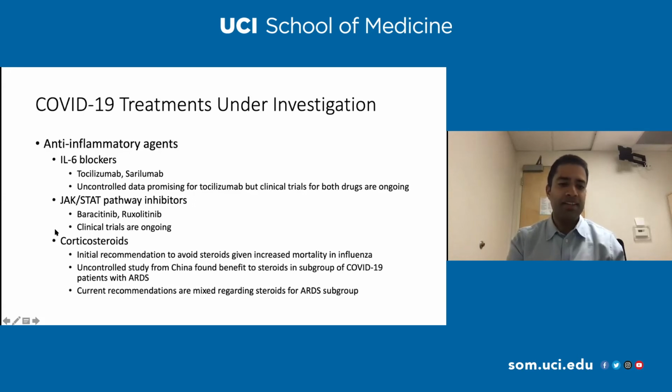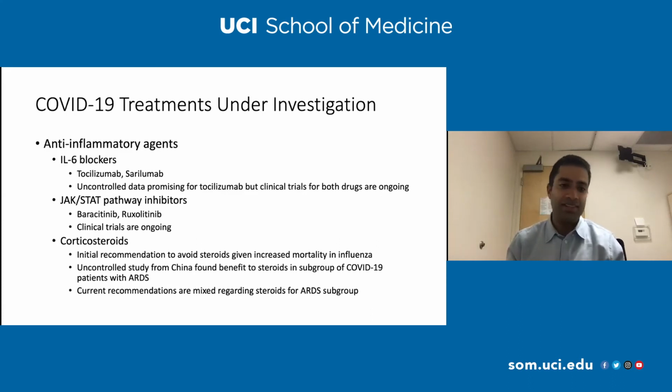And then there's corticosteroids, which are medications that we use to tamp down the inflammatory response. And these have a very mixed record when it comes to respiratory viral infections. We don't use them in influenza because there was increased mortality in the studies when these were used for influenza. There was this study in China in COVID-19 that said maybe certain very, very severe patients in the ICU with what we call acute respiratory distress syndrome may have a benefit.